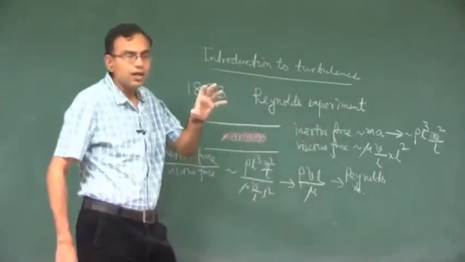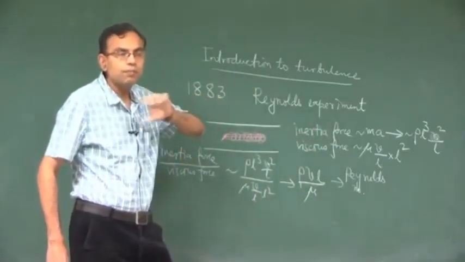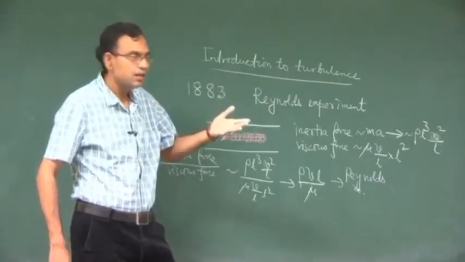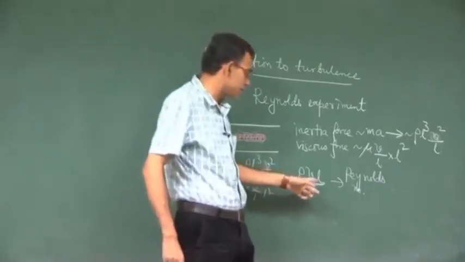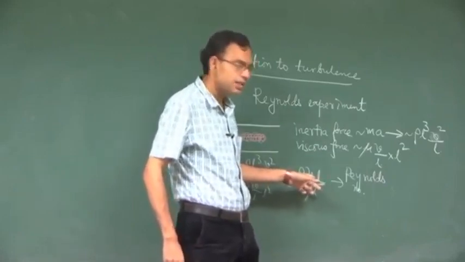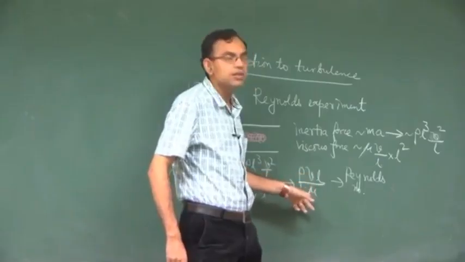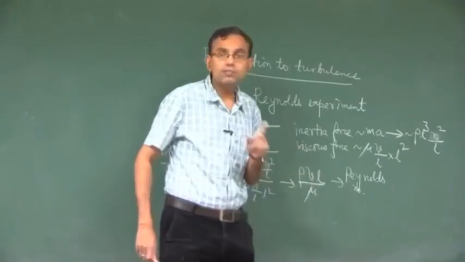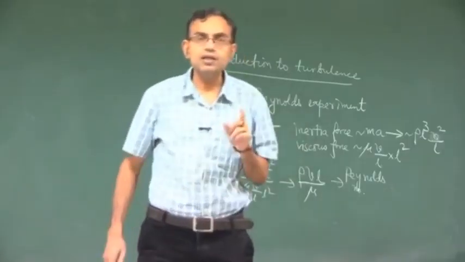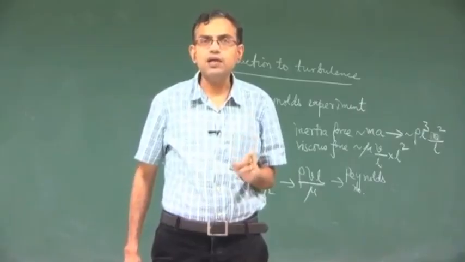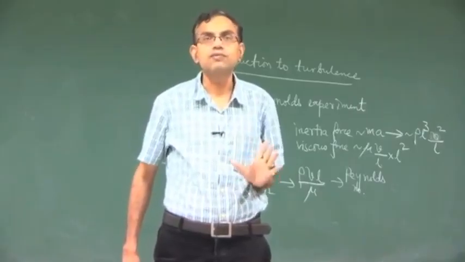For example, if you have a fully developed flow through a pipe, inertia force is 0 because fluid is not accelerating, but Reynolds number is not 0 because in that case L is the diameter of the pipe, V is the average velocity, rho is the density and mu is the viscosity. Thus this combination does not give 0. So, please do keep in mind that Reynolds number as interpreted by inertia force by viscous force is restrictive.